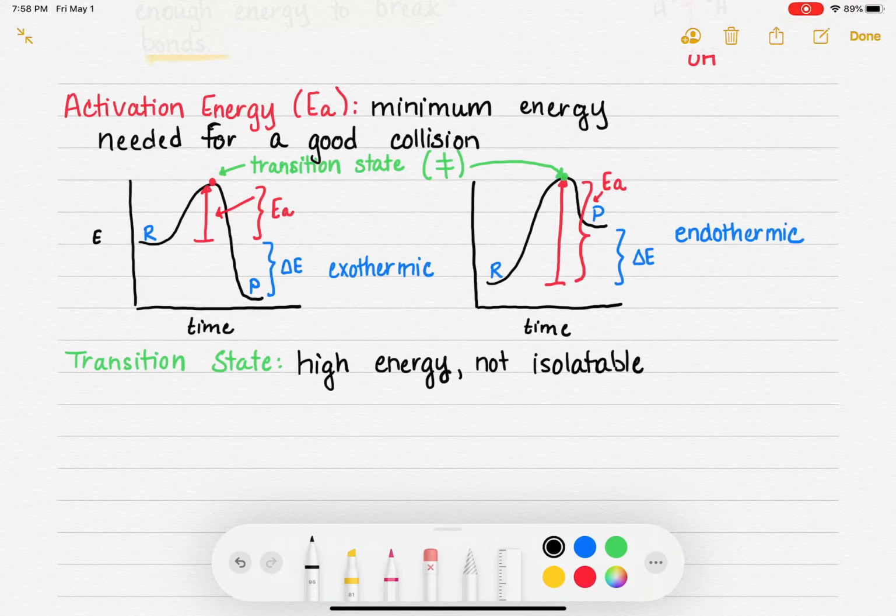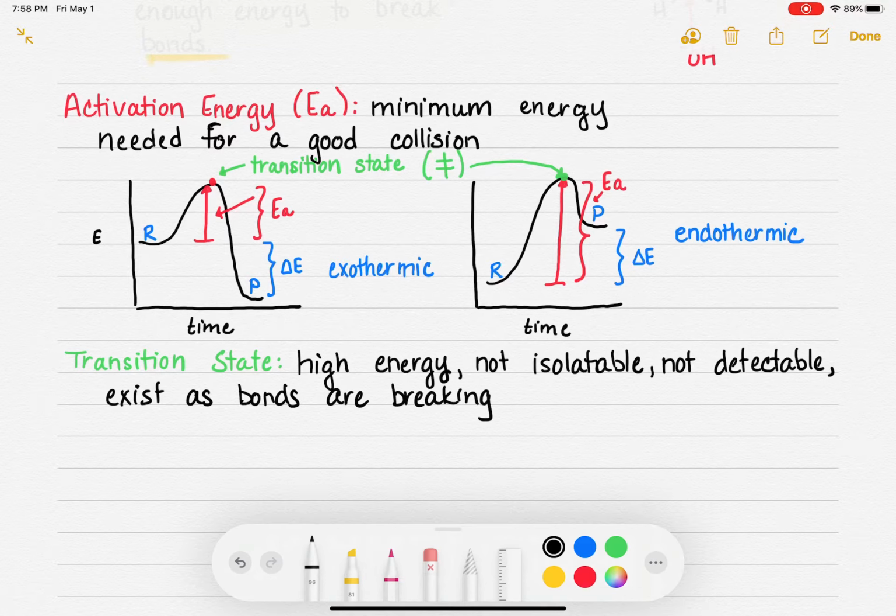They're not detectable. They only exist for a very brief amount of time. They are these things that exist as bonds are breaking or forming or a little bit of both.